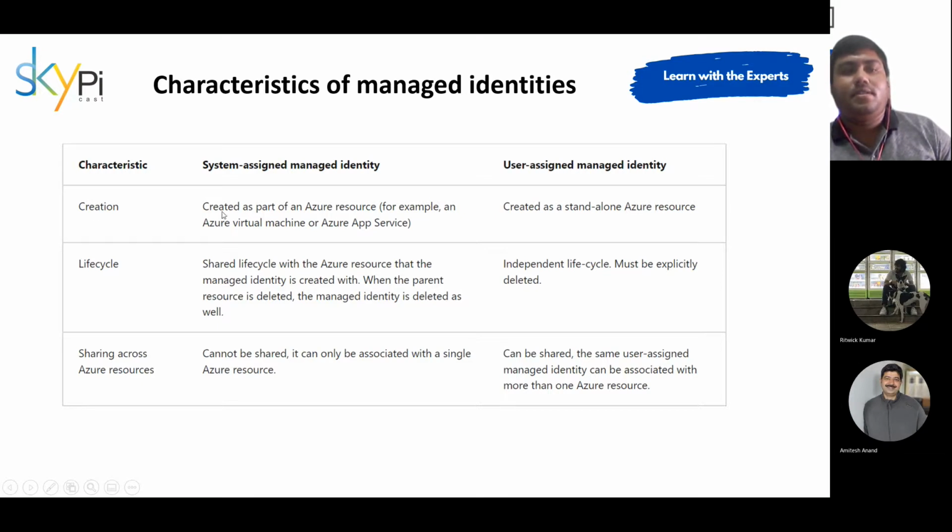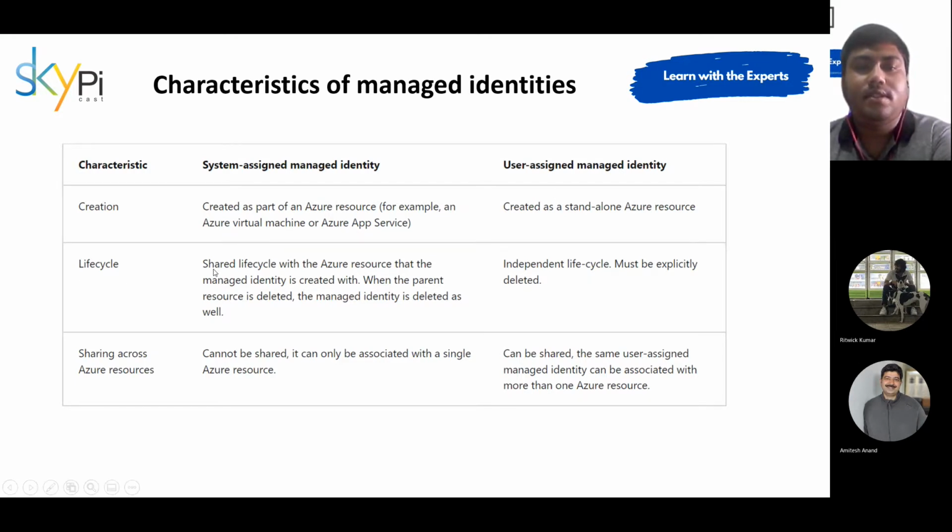For system assigned, each resource will have its own single identity. And for user assigned, we can create an identity that is separate from the resource, and we can give the resource that identity to authenticate. So many different resources can have a single identity by using user assigned managed identities.